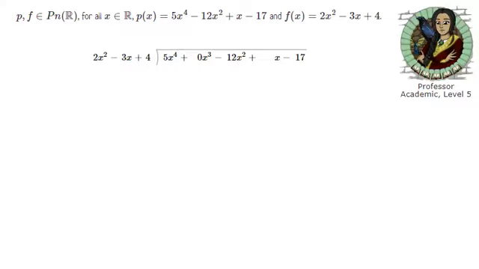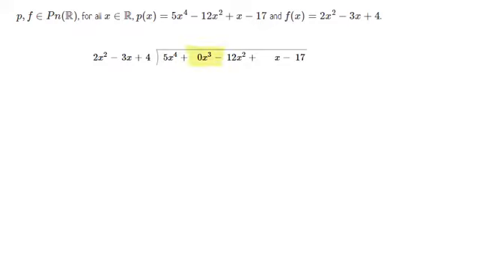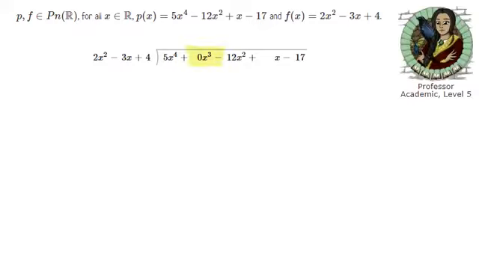We proceed as though we are doing a regular long division. You added a 0x cubed to the dividend. You mean this term? I added it because I'm going to arrange that the various powers of x line up vertically, just as the units, tens, hundreds columns line up vertically in regular long division.